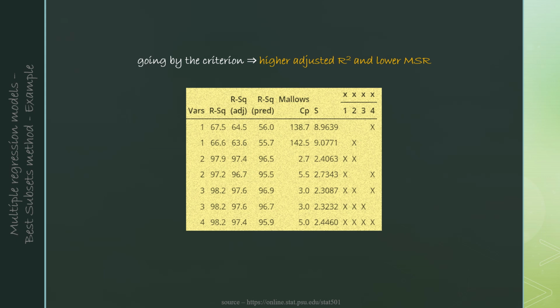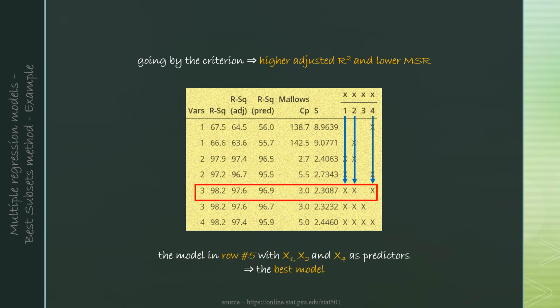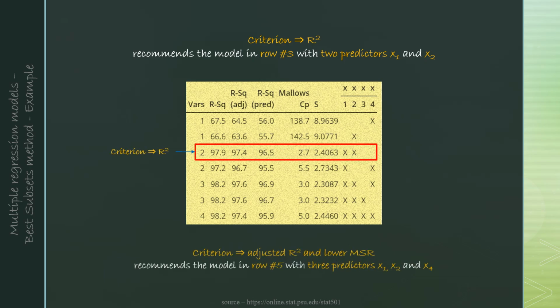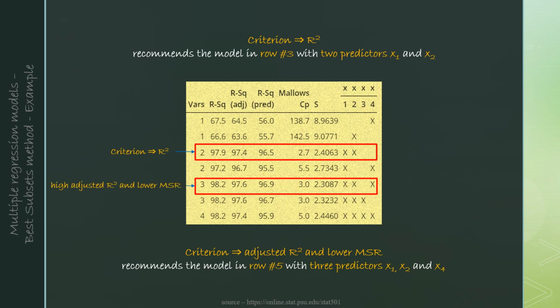Therefore, going by the criteria higher adjusted R square and lower MSR, we land up choosing the model in row 5 with x1, x2 and x4 as predictors as the best model. Criteria R square recommends the model in row 3 with two predictors x1 and x2, and criteria adjusted R square and lower MSR recommends a model in row 5 with three predictors x1, x2 and x4.